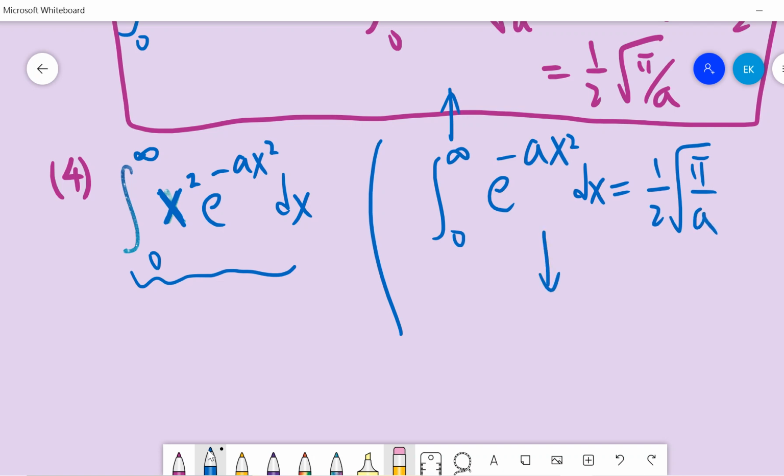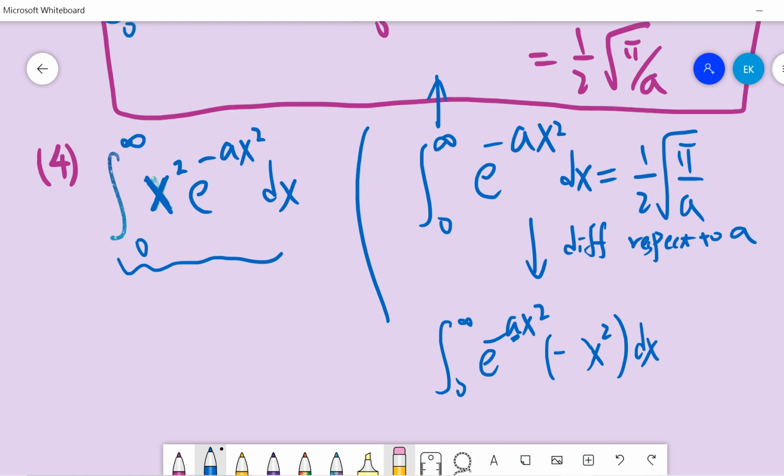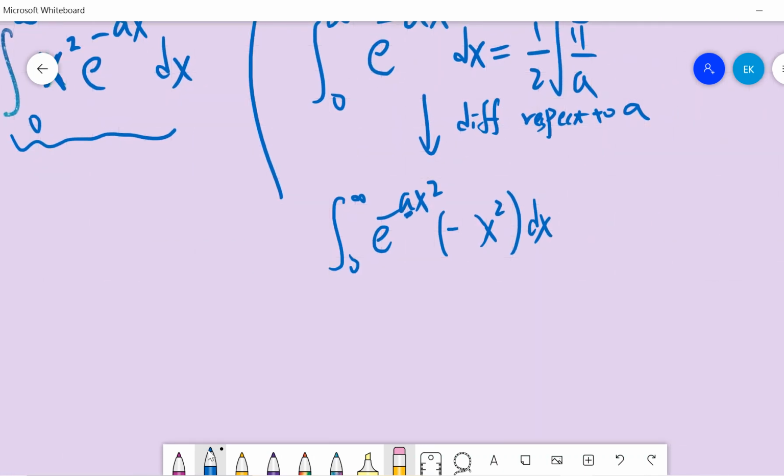And we differentiate with respect to a. Notice that with respect to a, we get minus x squared times exponential minus a x squared dx on the left. On the right, this is a to the negative one half, and then we differentiate with respect to a.